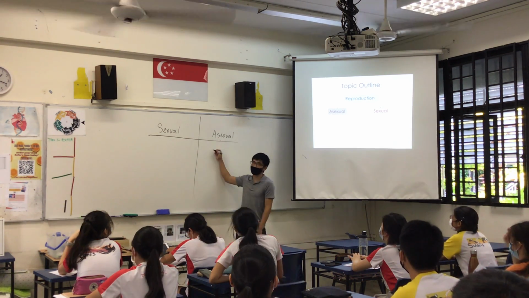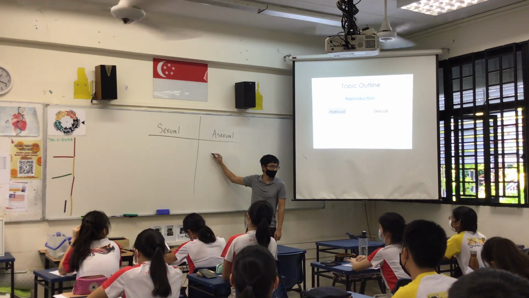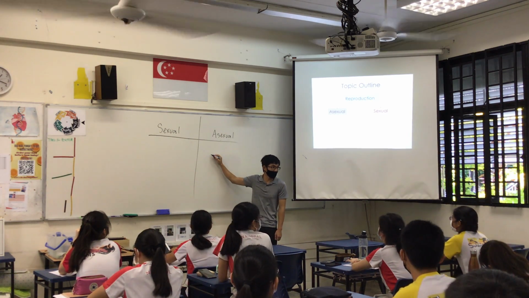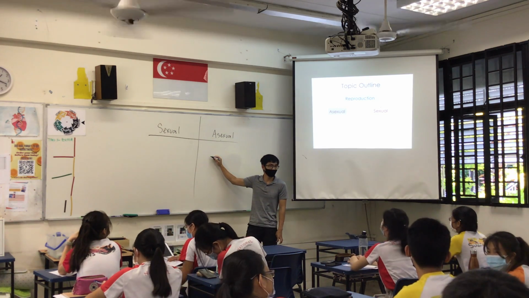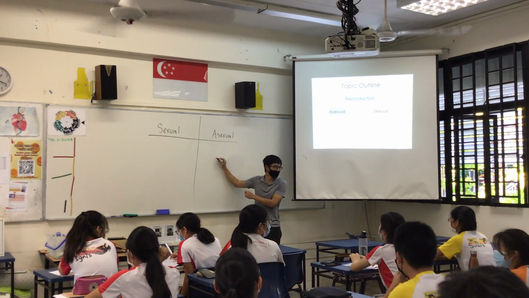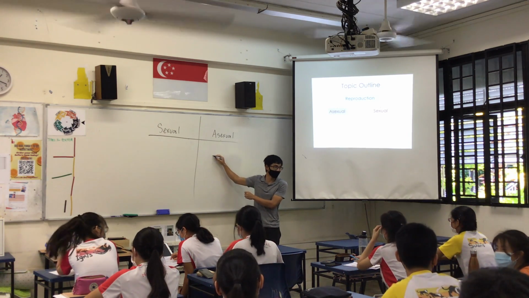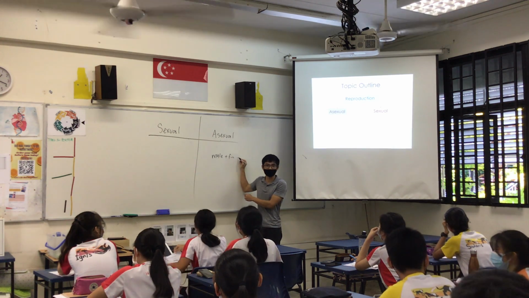Oh, okay. Asexual reproduction, you're saying that both male and female parts are in one individual? Asexual reproduction, male plus female reproductive organs of the same individual.